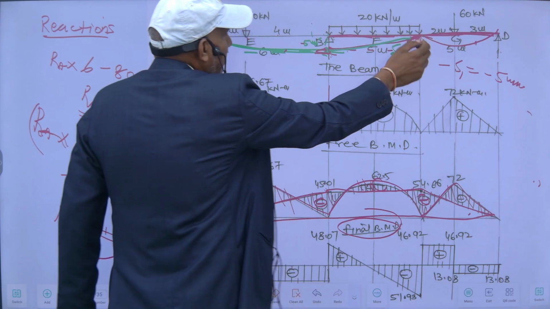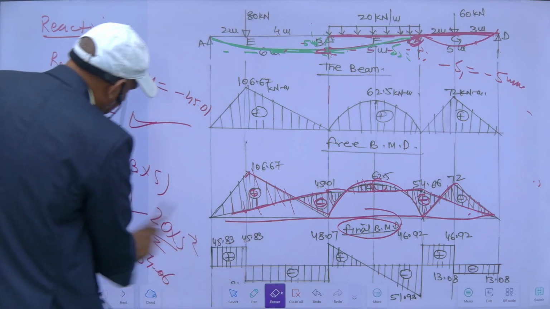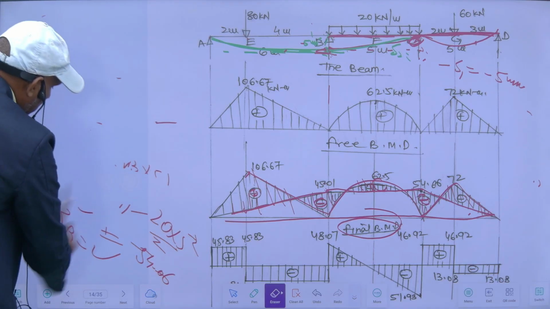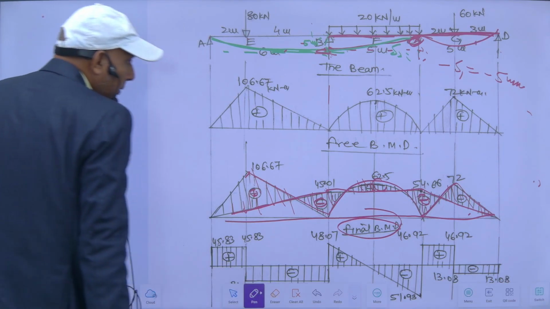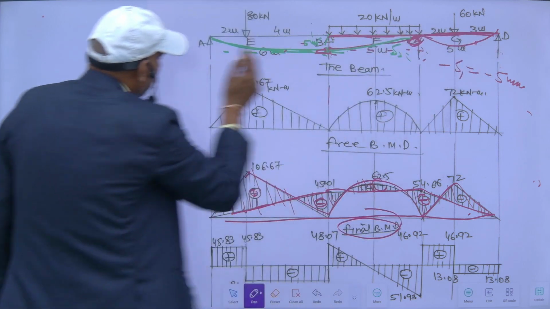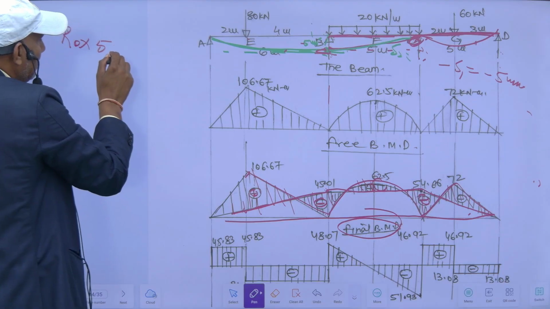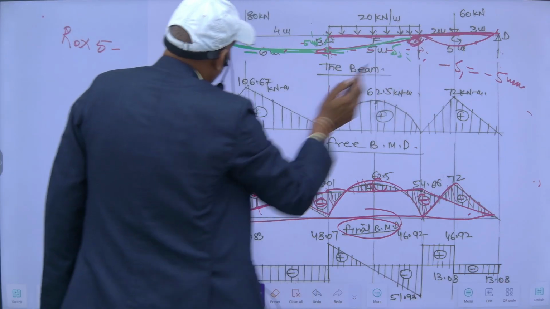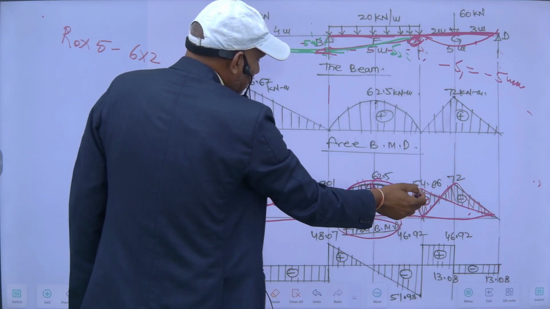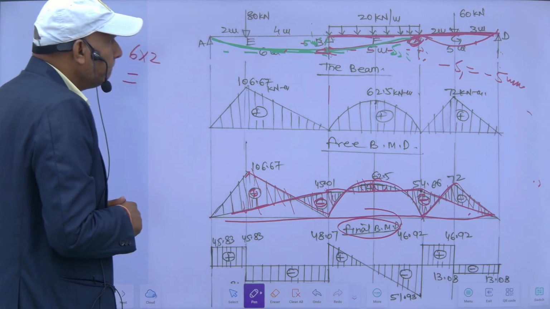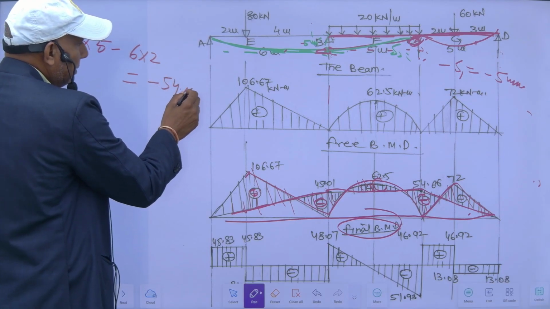Similarly, RD I can find by taking moment about C. If I take moment about C, then RD into 5, minus 60 into 2, I will get MC, and MC is equal to minus 54.66.